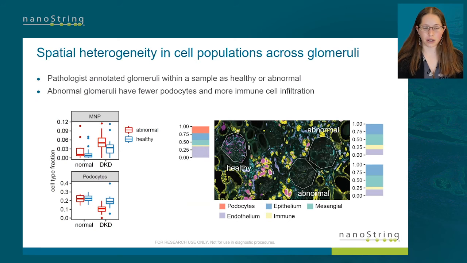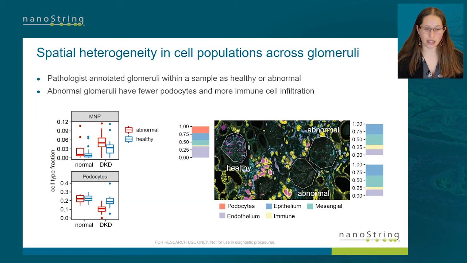So for example, in a diseased sample, these mononuclear phagocytes increase in disease, but the glomeruli that are more pathologically abnormal have a much higher increase than the ones that are relatively healthy, even if they came from a diseased sample. And similarly, even in a normal sample without disease, the glomeruli that look abnormal have increased immune cell infiltration.